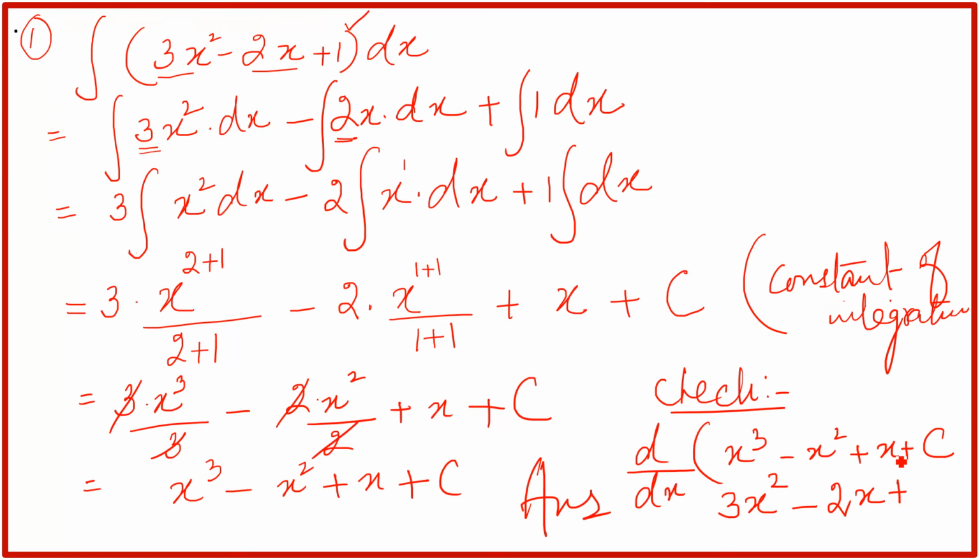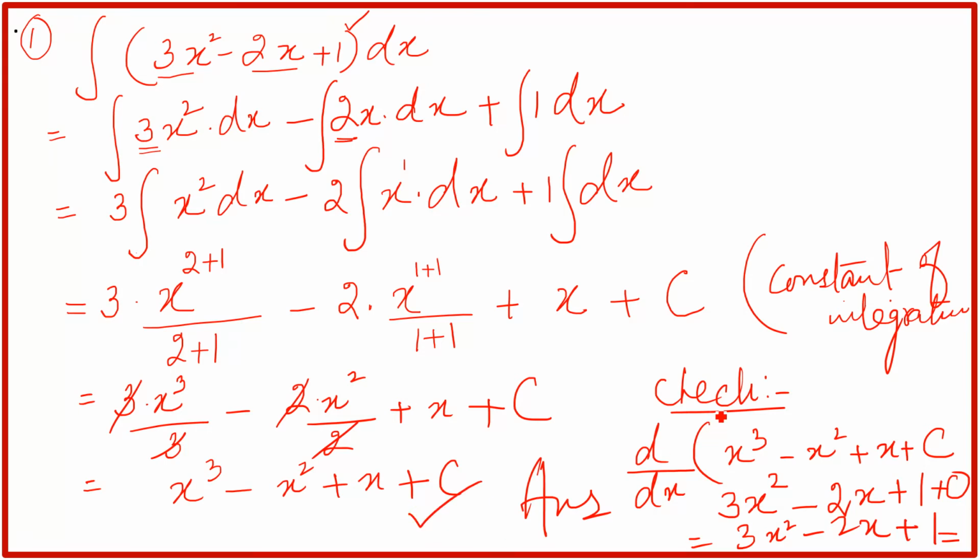The derivative of x is 1, and the derivative of the constant of integration is 0. So we have here 3x square minus 2x plus 1. You can see you have the same thing in your question, 3x square minus 2x plus 1. It means your answer is right.